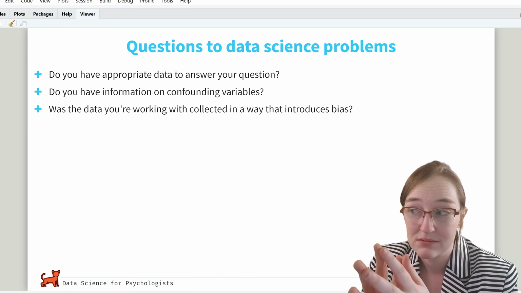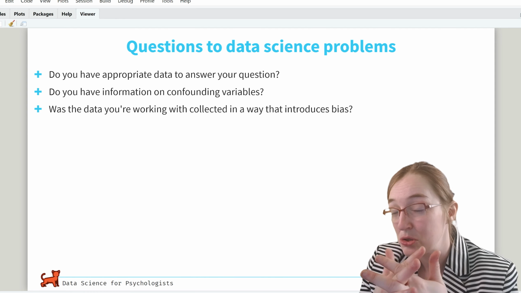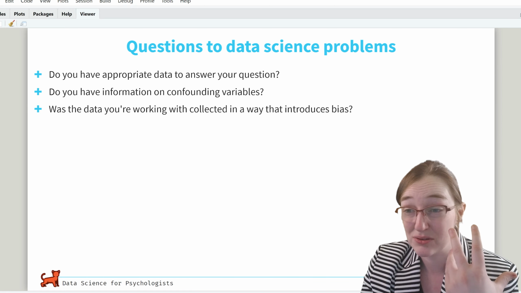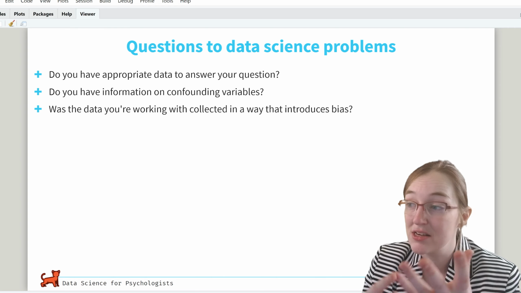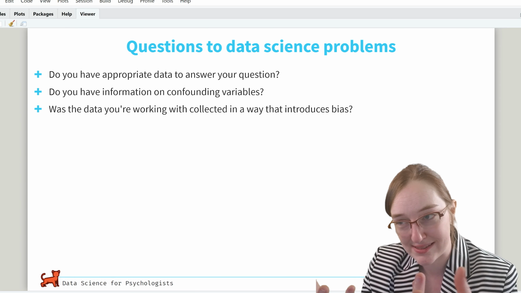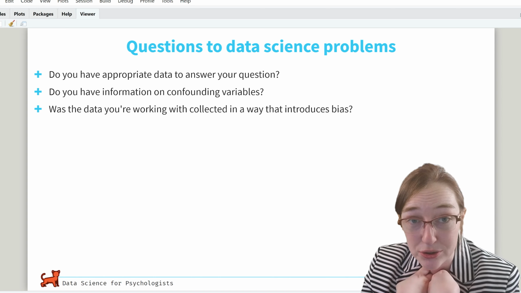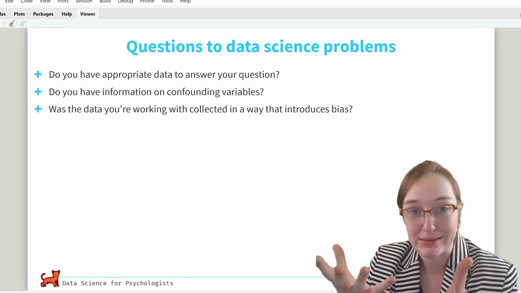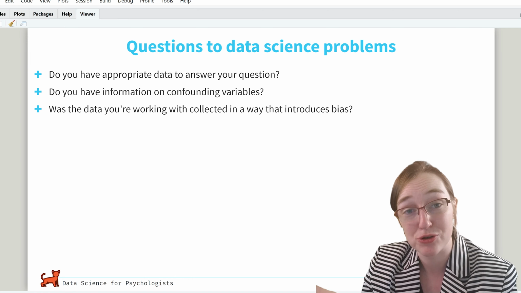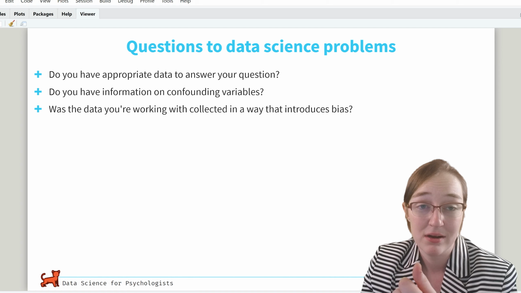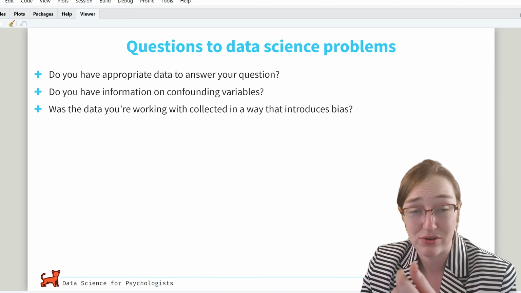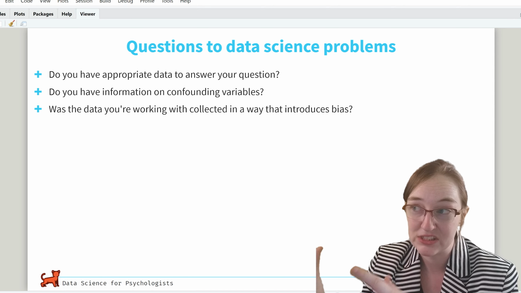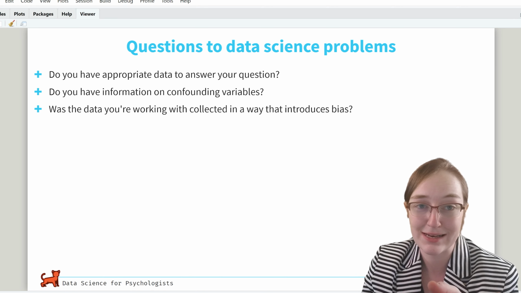And was the data you're working with collected in a way that could introduce bias? So the data production process, as well as the data that gets to you, what are the pathways in which error and bias could be introduced into this data stream? It could be something as straightforward as, say we were looking at census data.